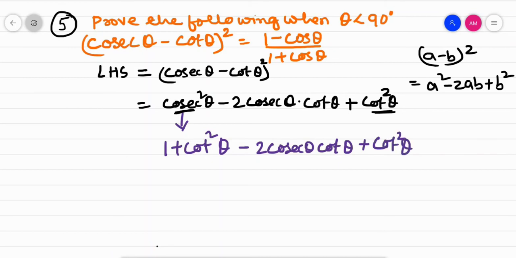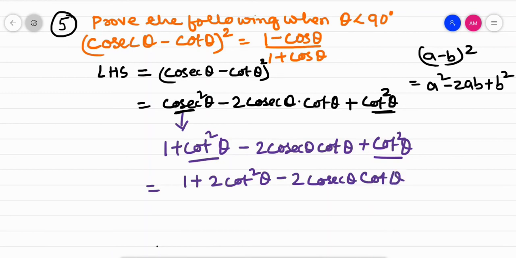Now you can see that we have 2 cot square theta. Okay? So this will become 1 plus 2 cot square theta minus 2 cosec theta cot theta. Let us change these now.